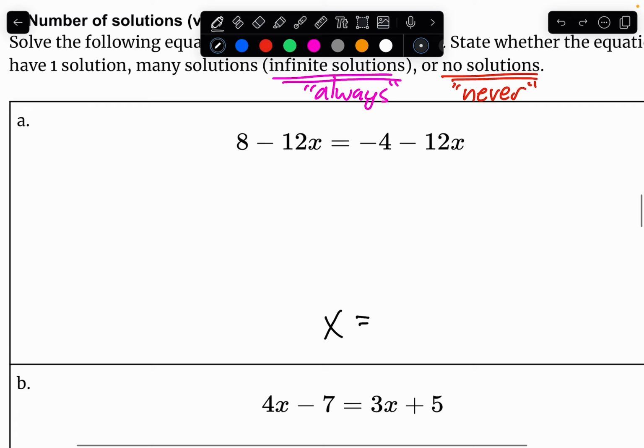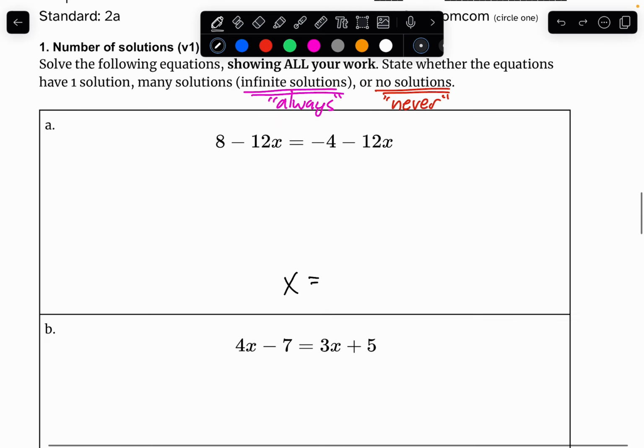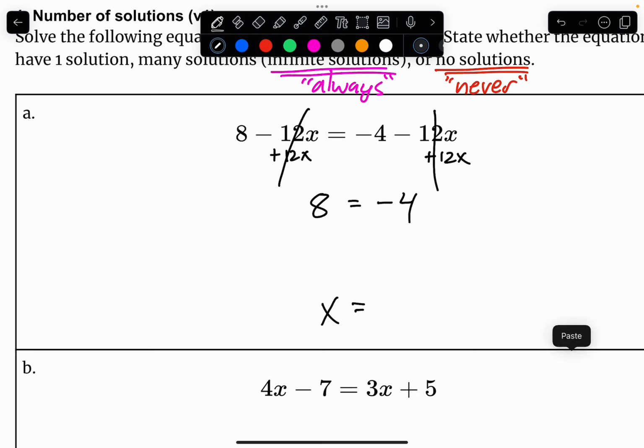Okay, let's go ahead and solve this. For letter A, I'm only going to solve this one, which is version A, I believe, yeah. Version A of our quiz here. I'm going to add 12x to both sides. They both cross off. I'm left with 8 equals negative 4.